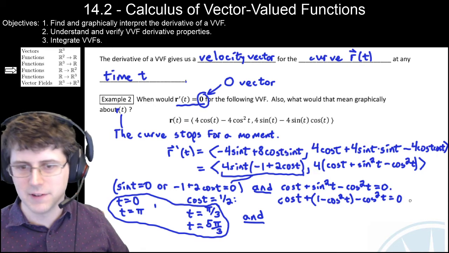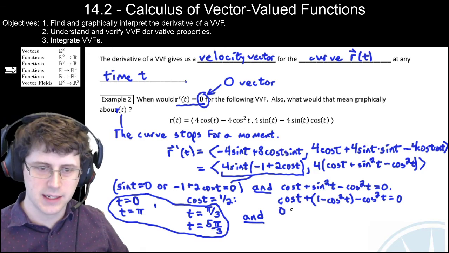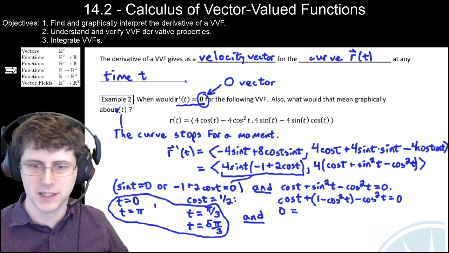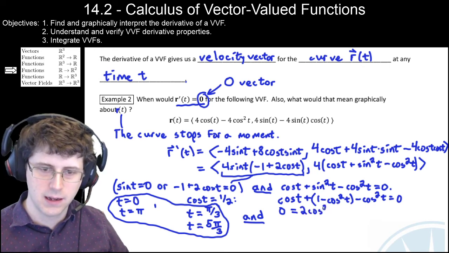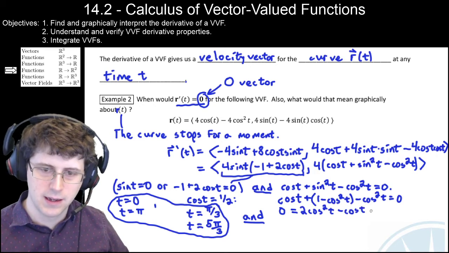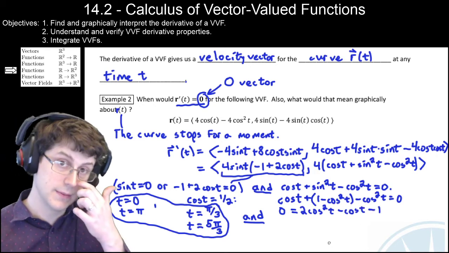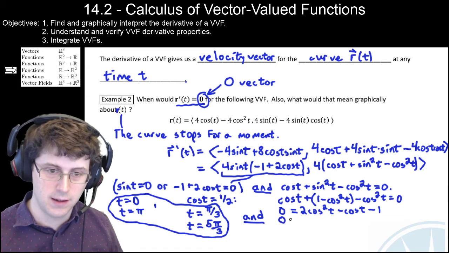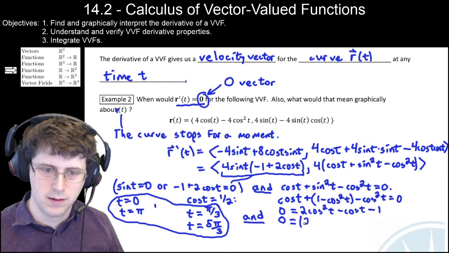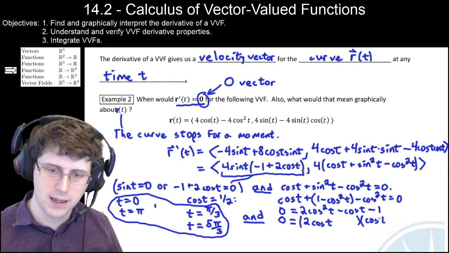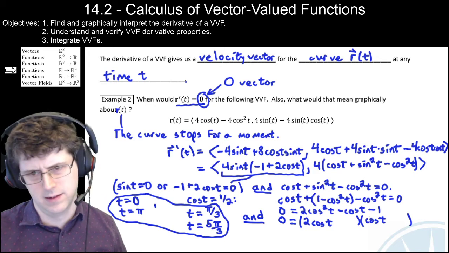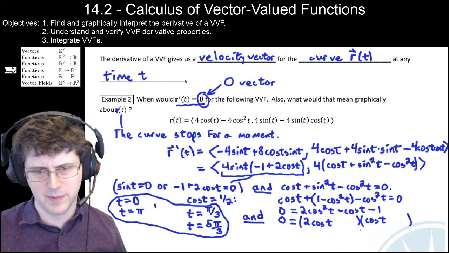Now I'm going to move everything over to the right side so I get some nice positive coefficients. So on the right side I'll have 2 cosine squared t minus cosine t minus 1. Then I can factor this. It's apparently going to be 2 cosine t and cosine t, one with a plus 1 and one with a minus 1.